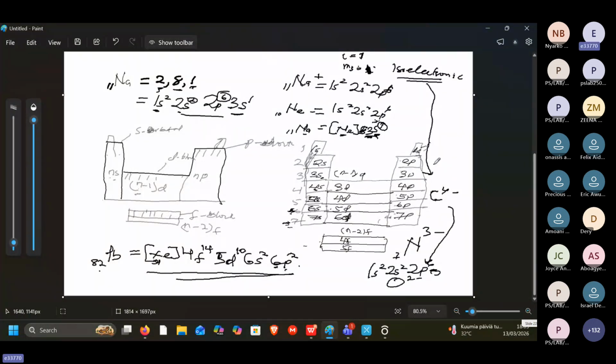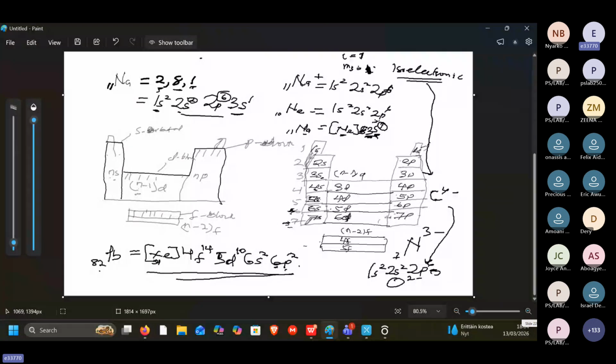Normally it happens with ions. When ions have the same electronic configuration, we call them isoelectronic ions.